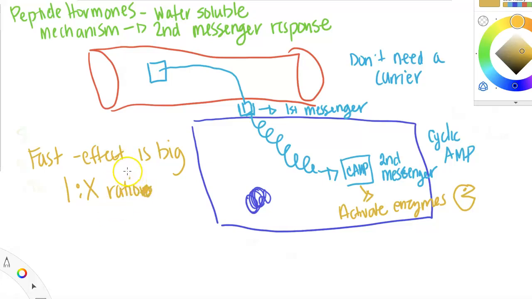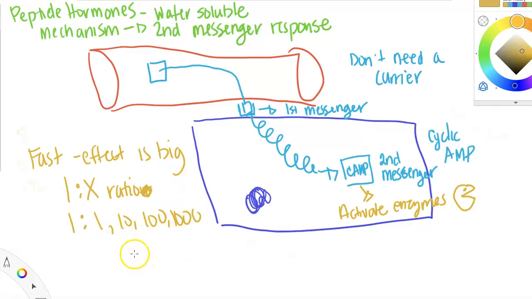So ratio, which is hormone to product. So one hormone could create one product, or 10, or 100, or 1,000. So that is an amplified effect, and that is the benefit of the peptide hormone.